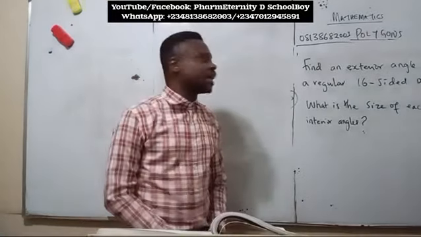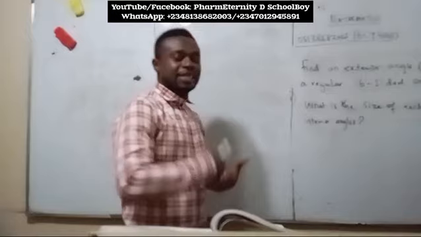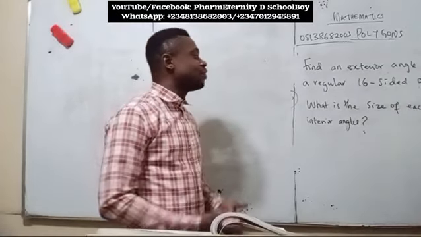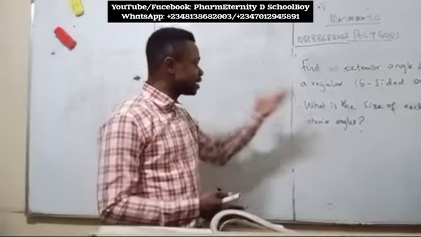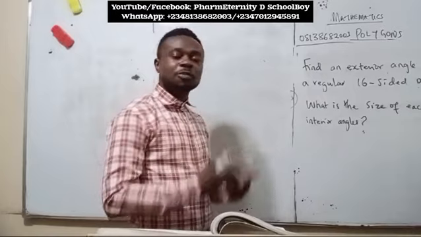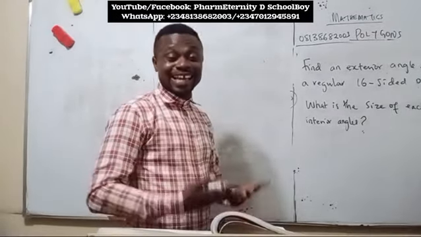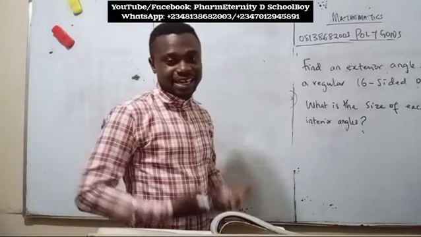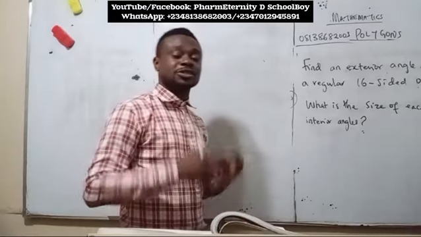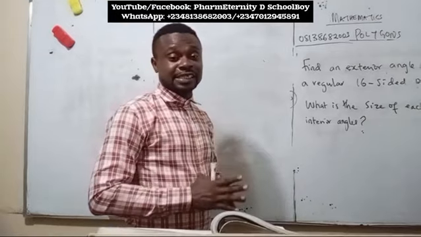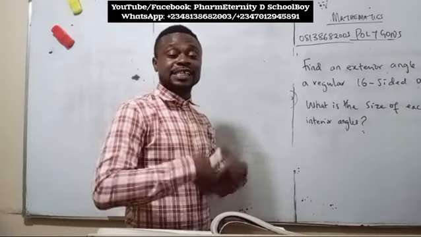The same formula. The sum of the exterior angle of a regular polygon, because this is regular, 16-sided, is 4 right angles. So 4 right angles is 4 times 90 degrees, which is 360 degrees.